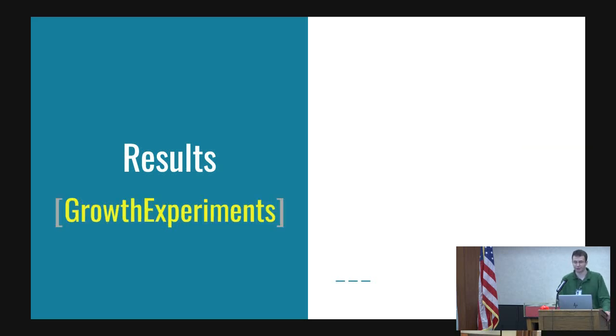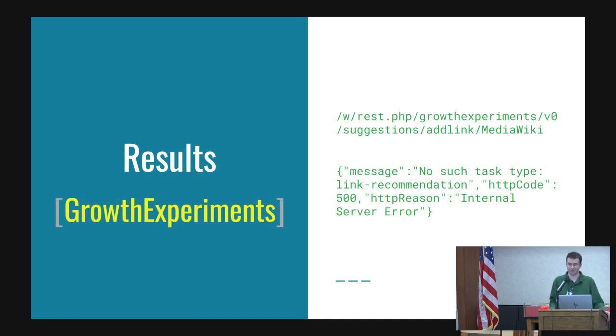I also ran the tool against some extensions, including Growth Experiments. I don't think I've ever used it before. I installed Growth Experiments and 2 of its dependencies, I think, VisualEditor and Community Configuration, something like that. And I just said, here's the OpenAPI spec, let's run through it. And I was told when I reached the add a link suggestion that there's no such task type.